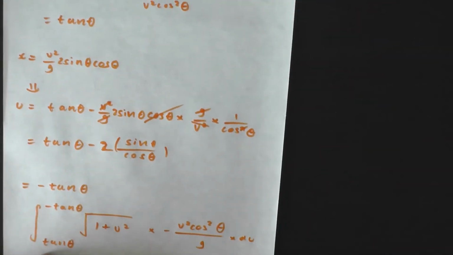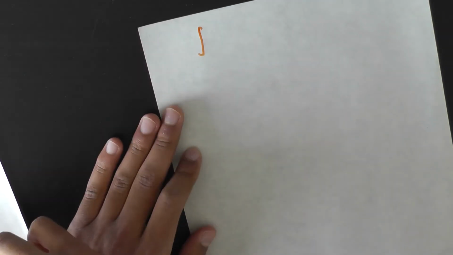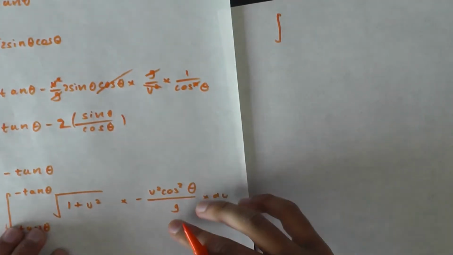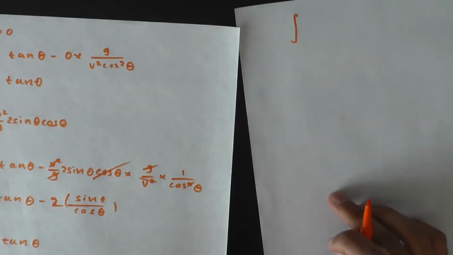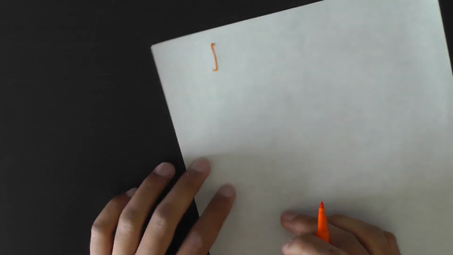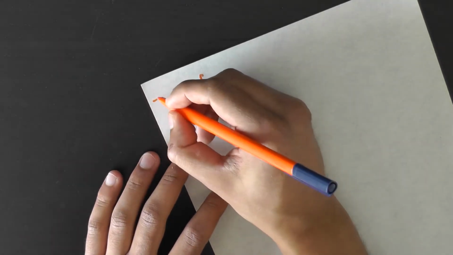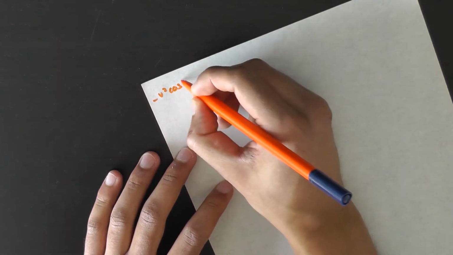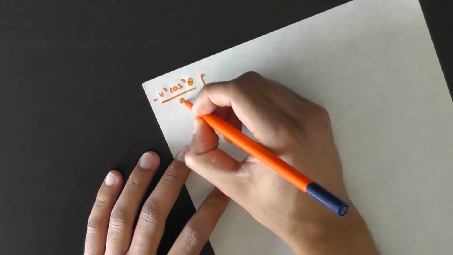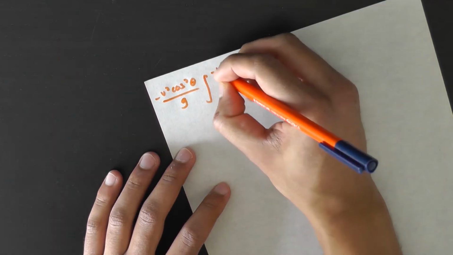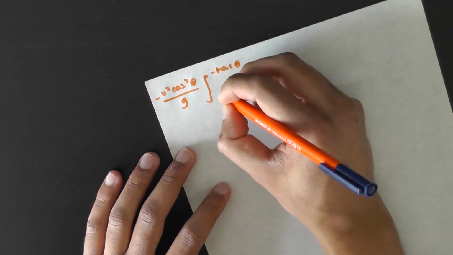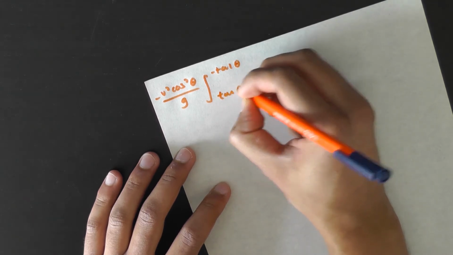And now we will bring those out, because effectively this is a constant: minus v squared cos squared theta over g, with bounds minus tan theta and tan theta.